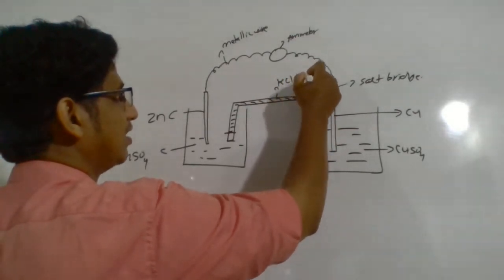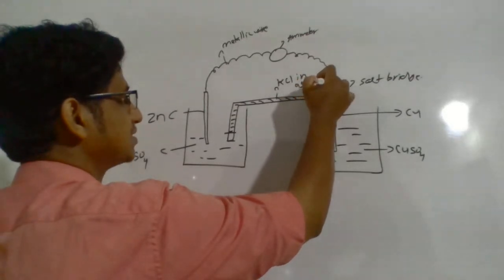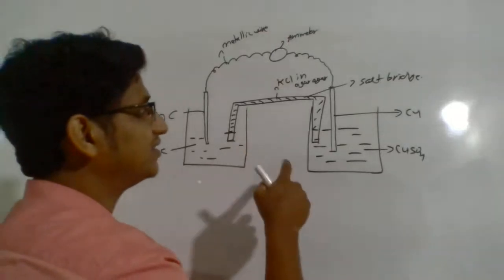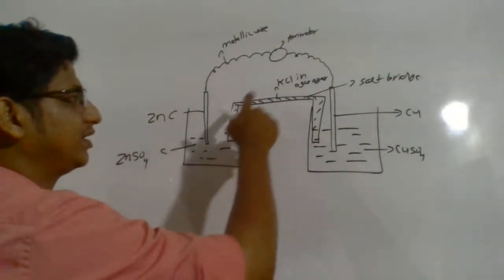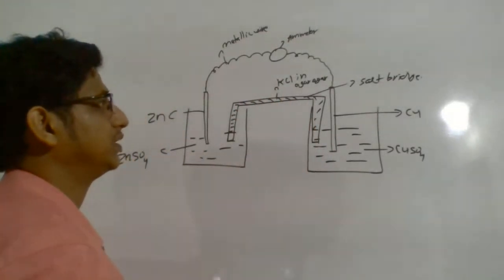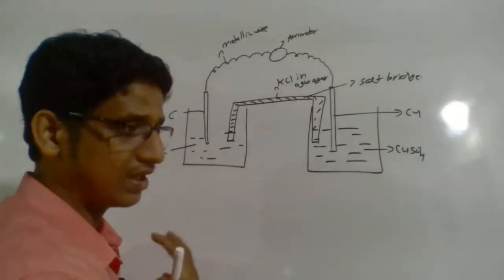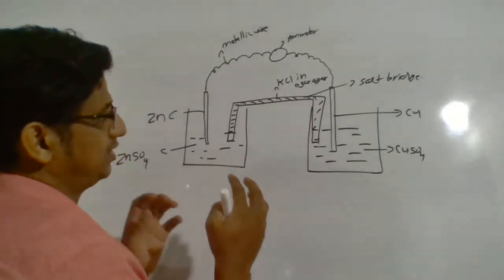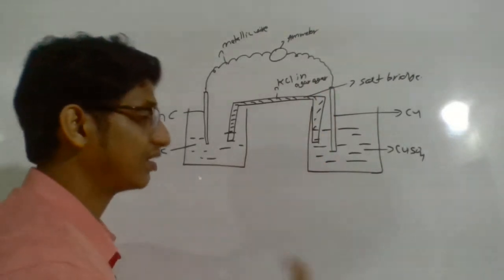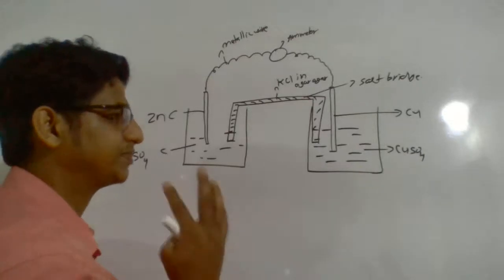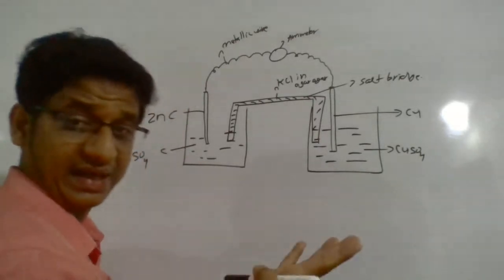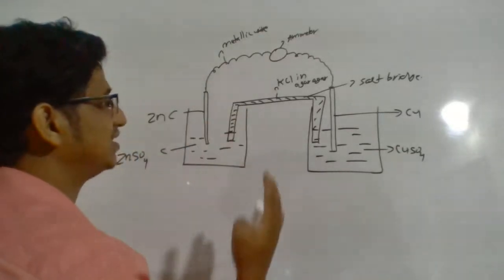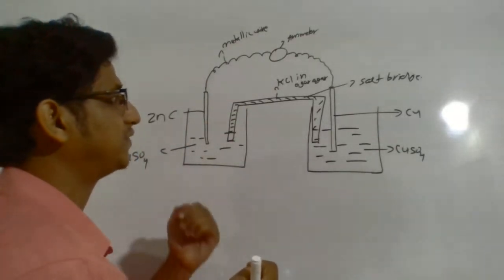KCl or KNO3 solutions are filled in agar agar, a jelly-like substance obtained mainly from red algae, inside this U-tube. So inside there will be KCl solution, and what is the function of the salt bridge?